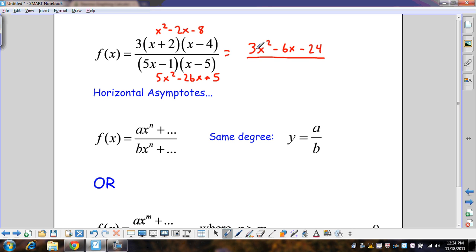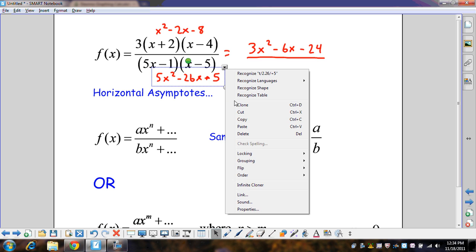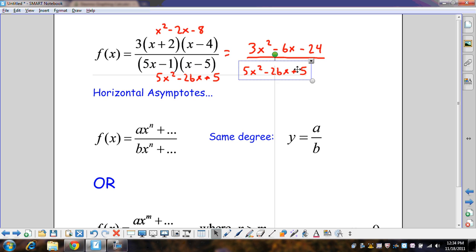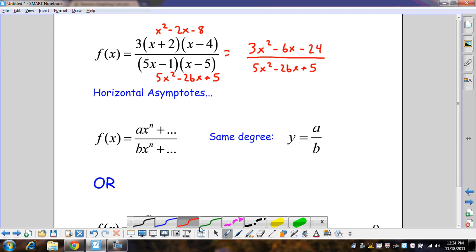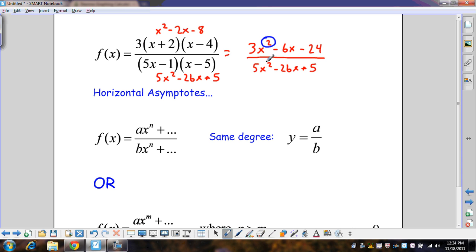So again, 3x squared minus 6x, and then minus 24. On the bottom, nothing changed, so I'm just going to clone what I had just done there. And I get this here. Okay, so that is the standard form of the original rational function.